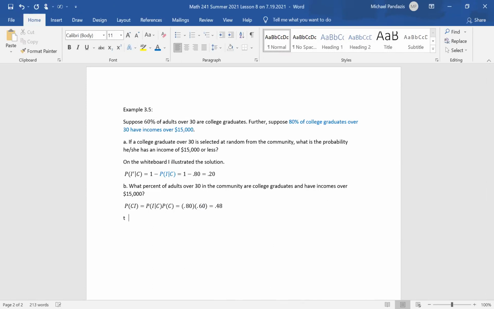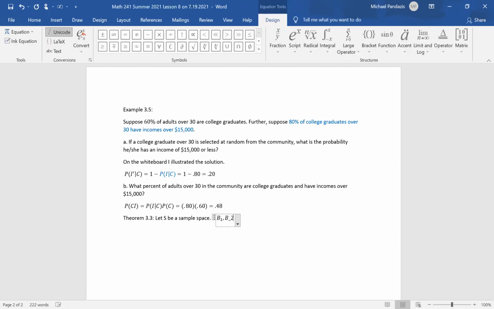So let's look at another theorem. Theorem 3.3. Let S be a sample space.